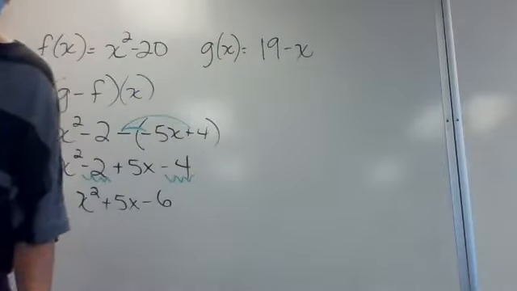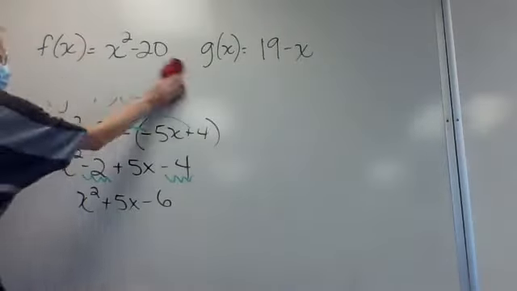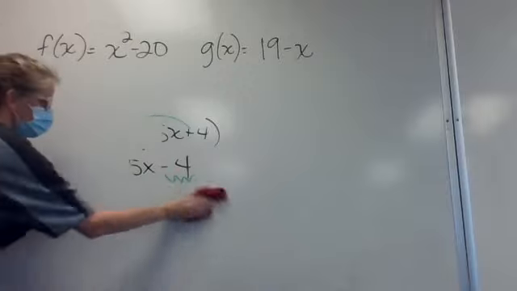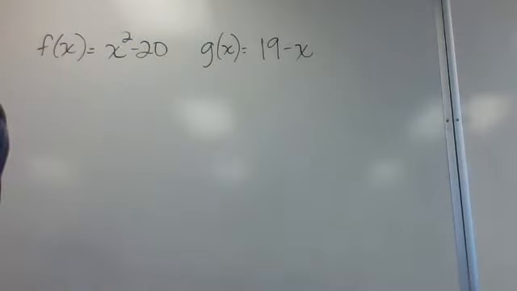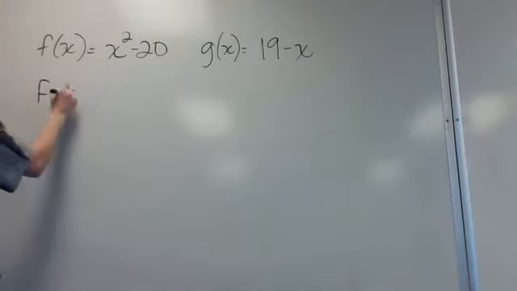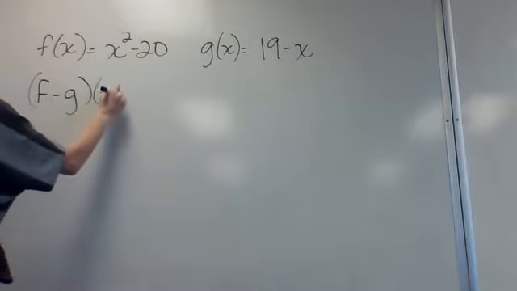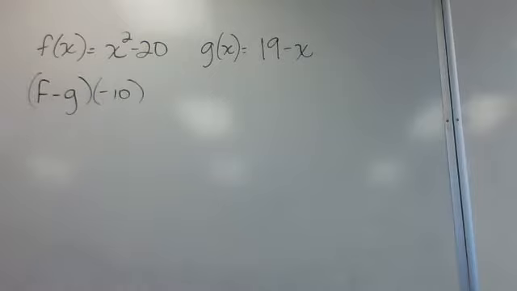All right, number 13. F of x is x squared minus 20. G of x is 19 minus x. It wants us to find f minus g of negative 10 this time.